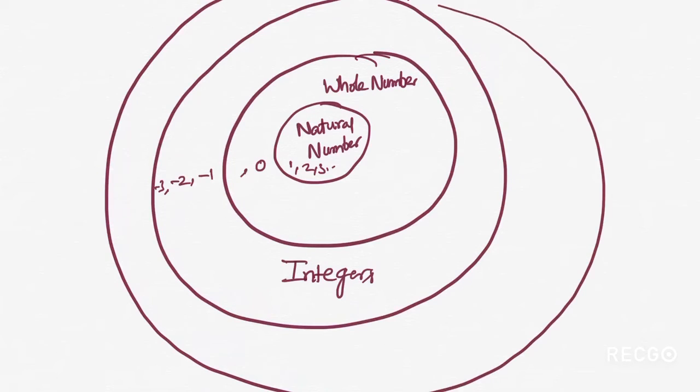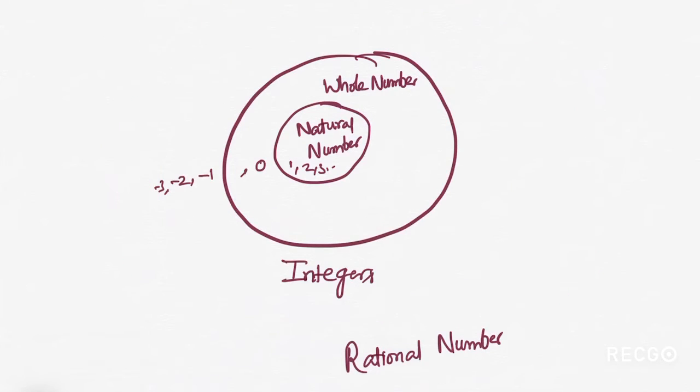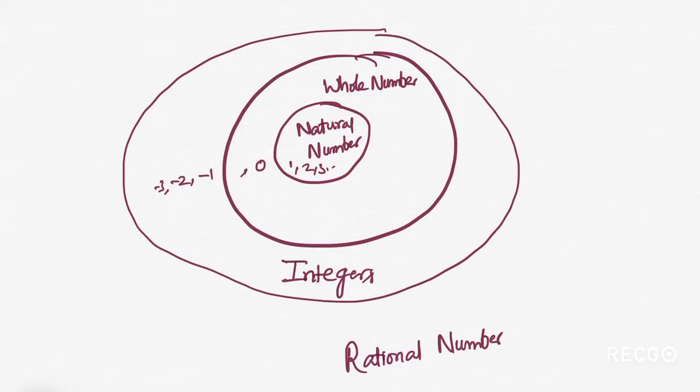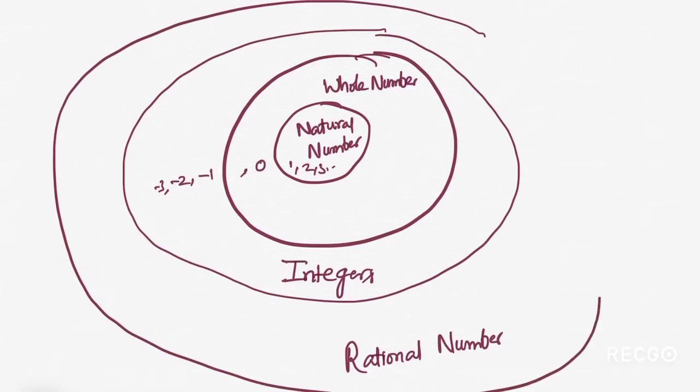And this is the rational numbers, which have fractions in p by q format, where q is not equal to 0.